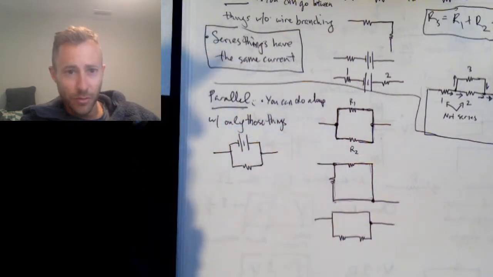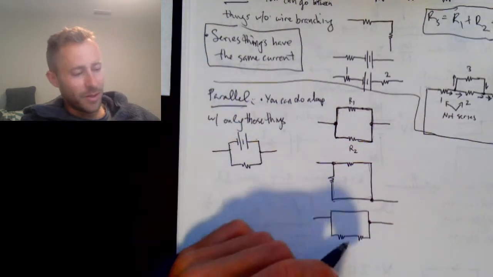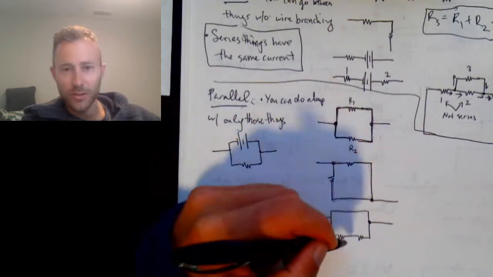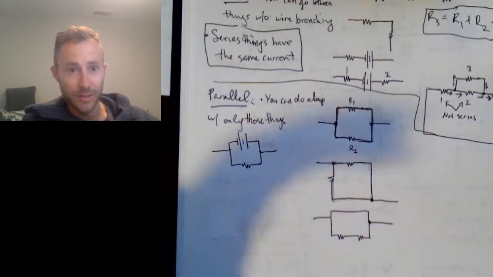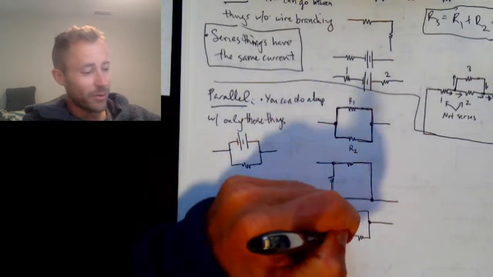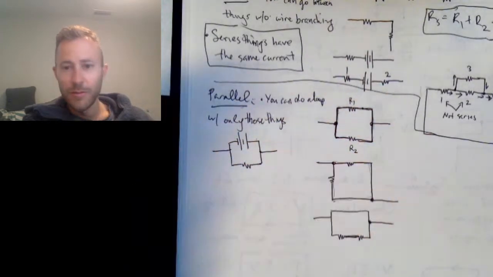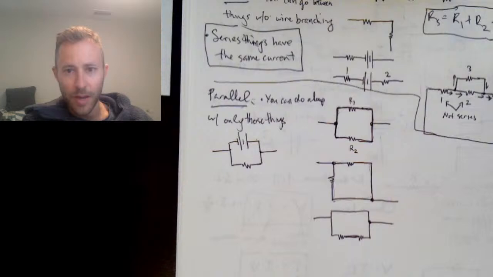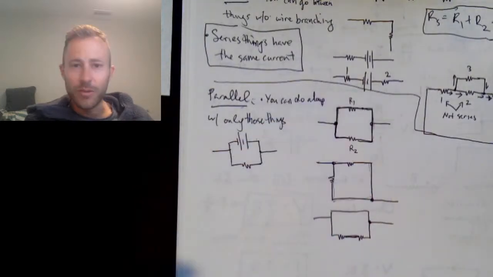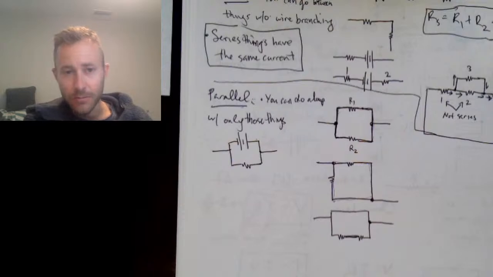But the interesting thing about this one is that these two resistors are also in series, right? Because I could go from here to here and there's no branches in the wire along that path. So this is an example of two resistors that are both in series and in parallel. That doesn't happen very often.